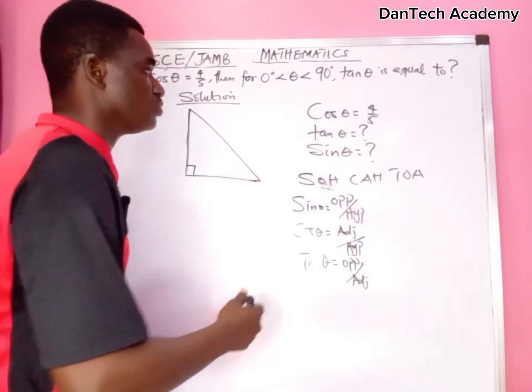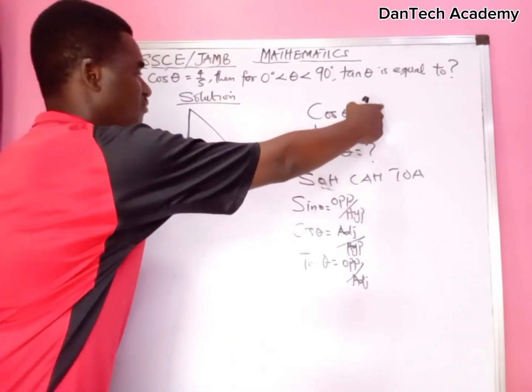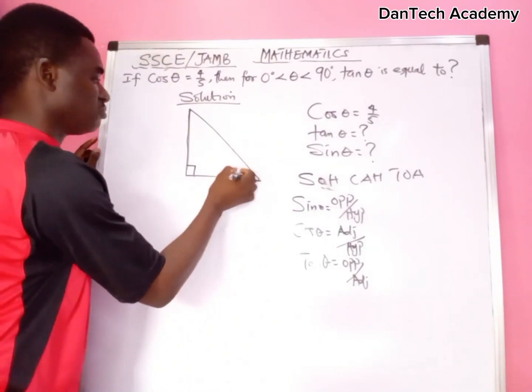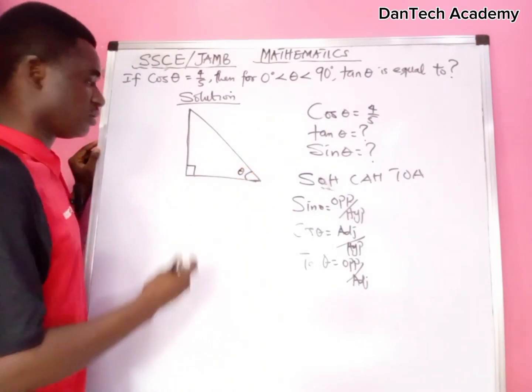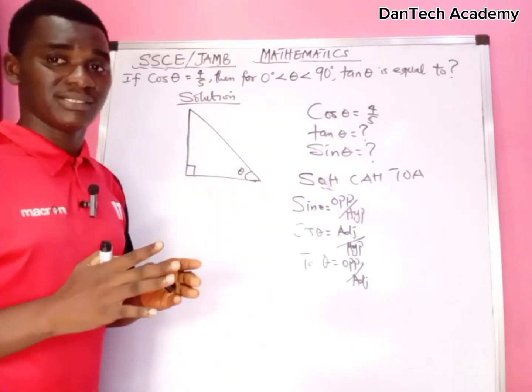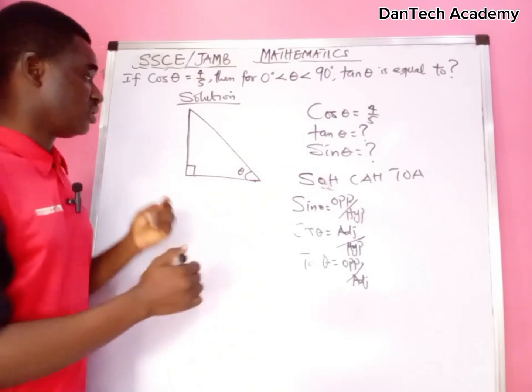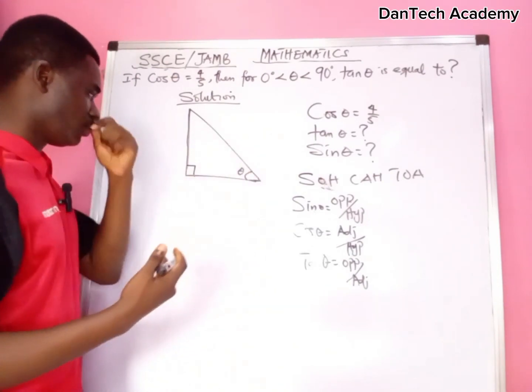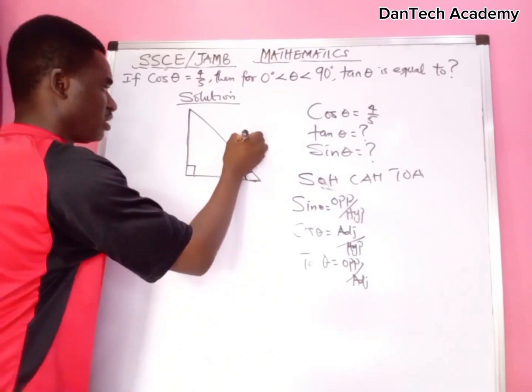So in this case now we can know where this falls in. If we are doing this, we could consider this place as theta. These two sides are not constant, they vary, they change, but this one always remains the same. Now, how do we know this is our hypotenuse?